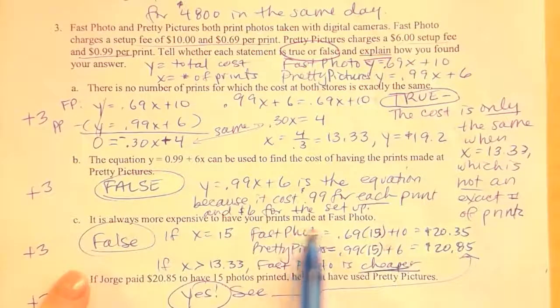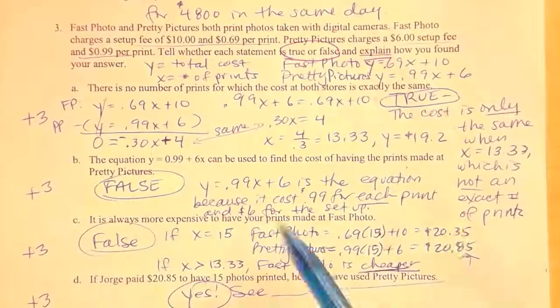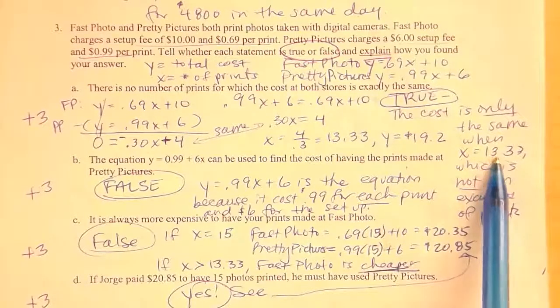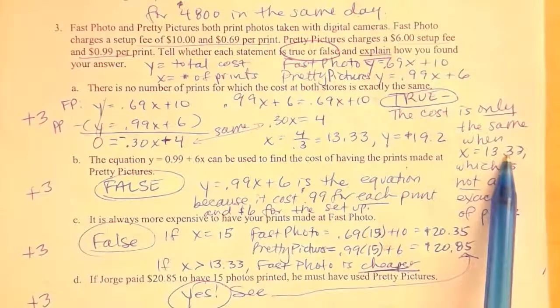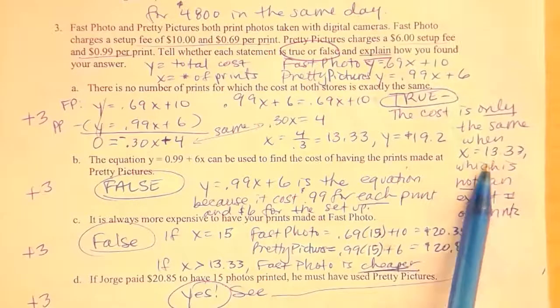C, it's always more expensive to have your prints made at Fast Photo. Well, that's false. You can do a little modeling here. We know it's the same cost if we were able to buy 13.33 prints. So I tried, what if x is 15? Well, if x is 15, I see that Pretty Pictures is actually more expensive and Fast Photo is less expensive. So you need to do a little playing around with some numbers to see what happens around your solution.